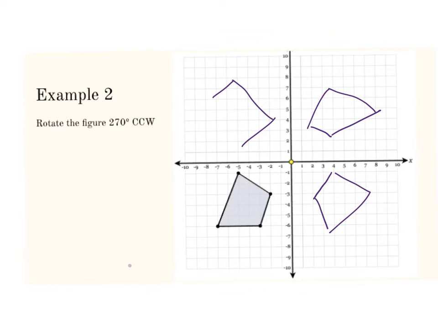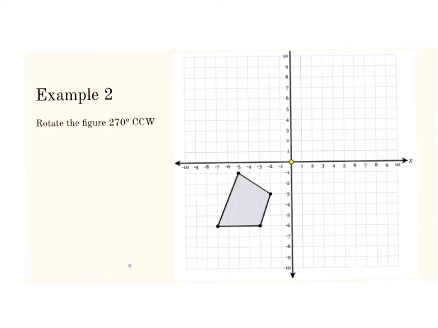So to graph this, remember that we need to find perpendicular slopes. So I start at the origin and I draw lines to each vertex. So this one has a slope of 3 over 2.